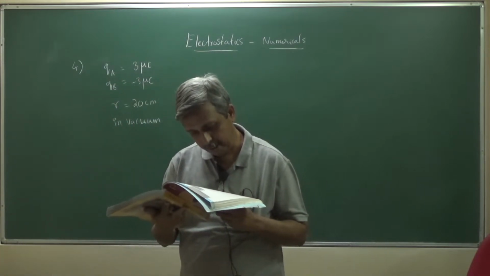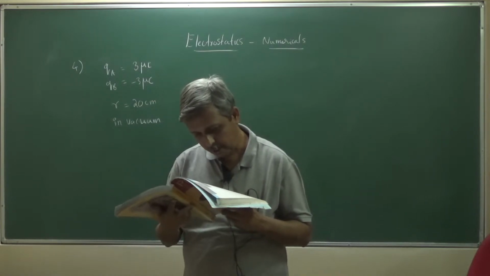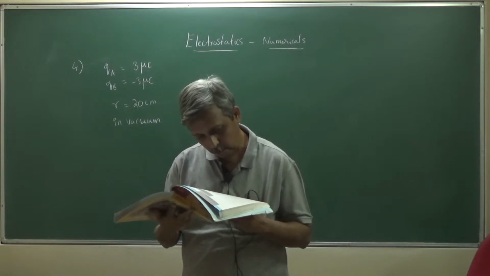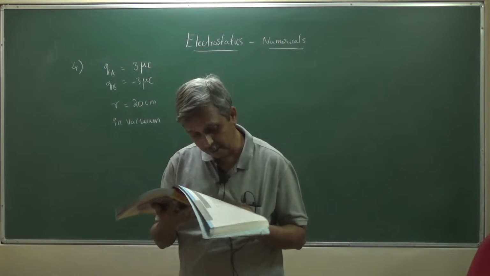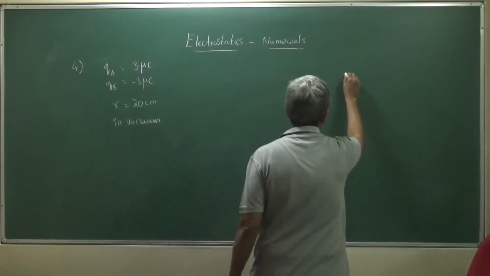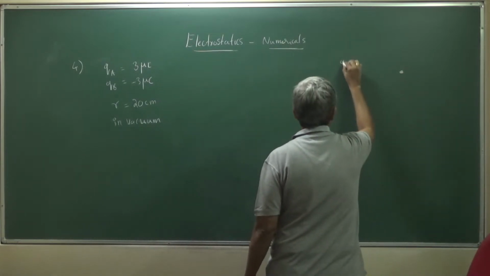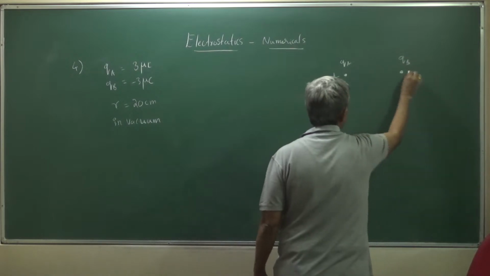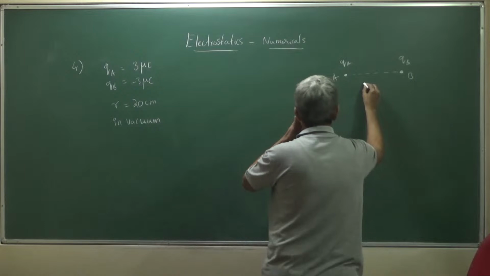So now the question basically is, once that is given, what is the electric field at the midpoint O of the line AB joining the two charges? So now what they are asking is there are two charges. Charge A and charge B, that's separated by basically a distance which is 20 centimeters.